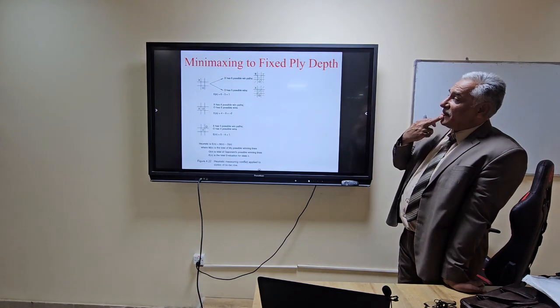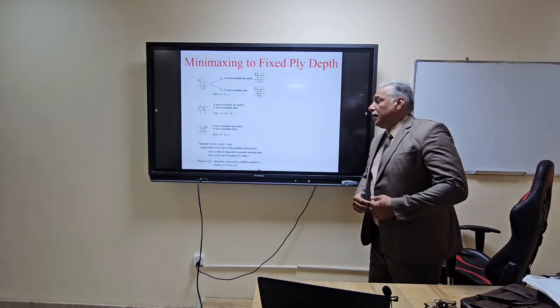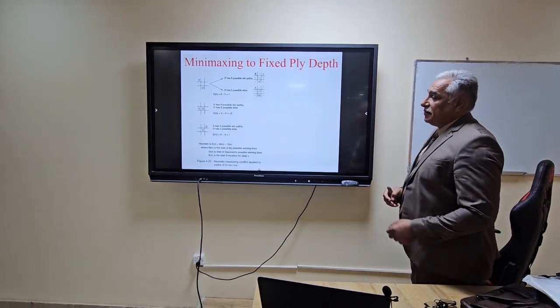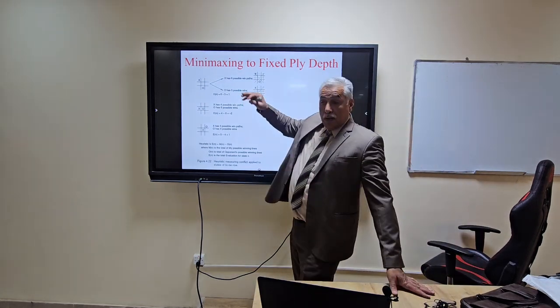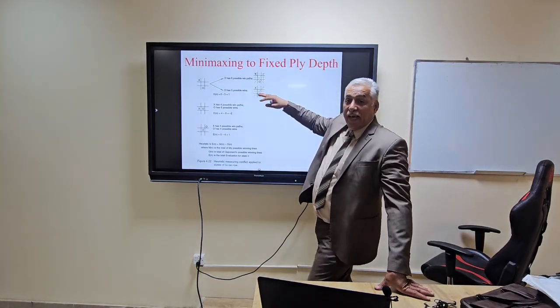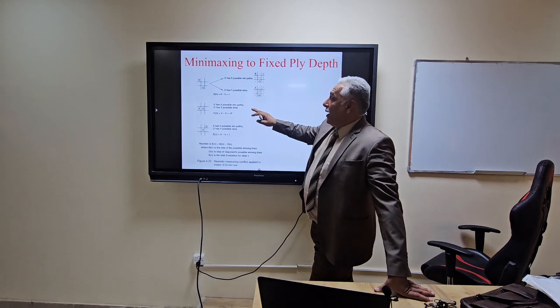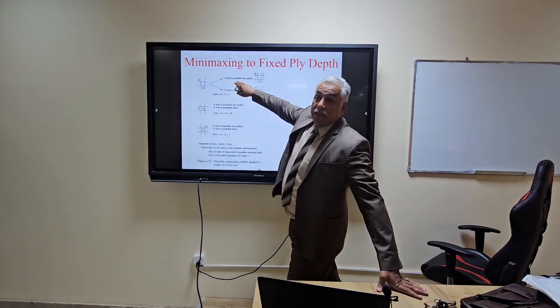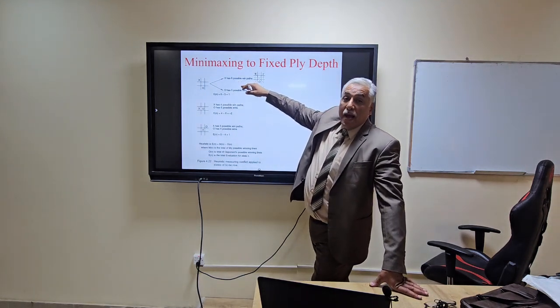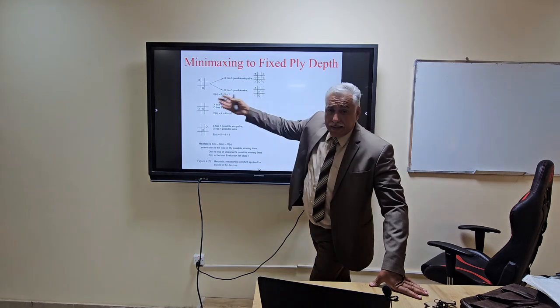And this is the figure where the heuristic is EN. The heuristic is EN, which equals MN minus ON, that's maximize minus opponent.